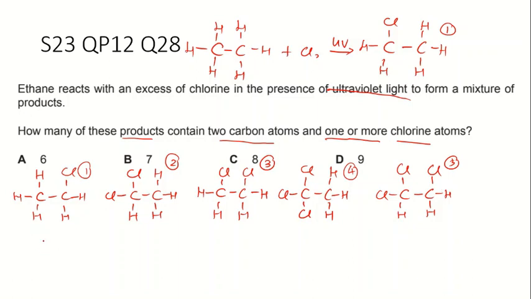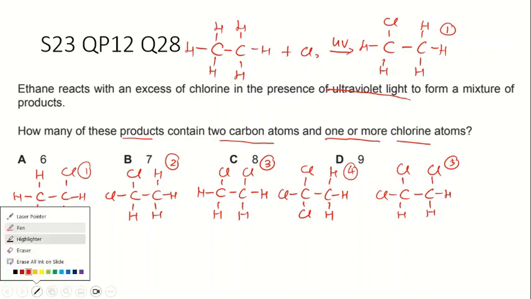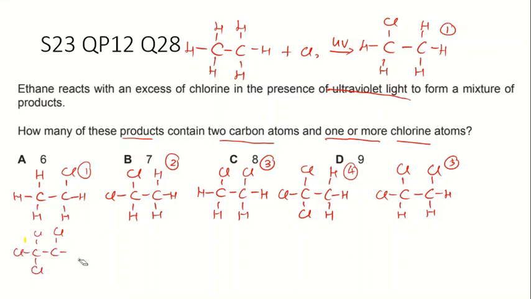So we are done with 3 chlorine atoms. Let's move to 4 chlorine atoms. 3 chlorines on the carbon on the left, 1 bonded to the carbon on the right. Sorry, only 4. Let me erase this.